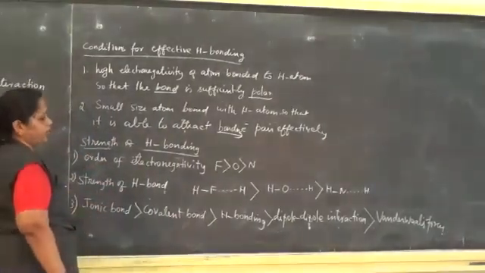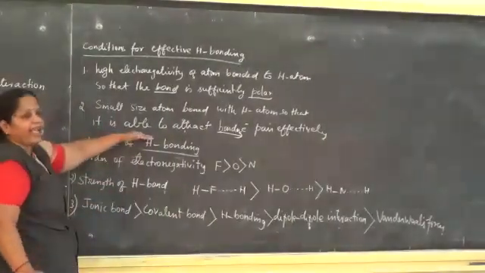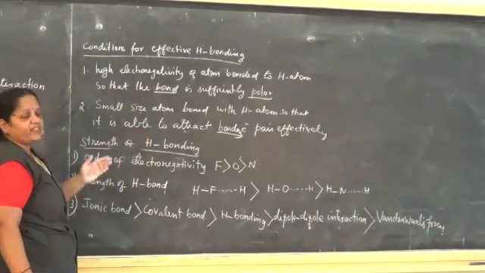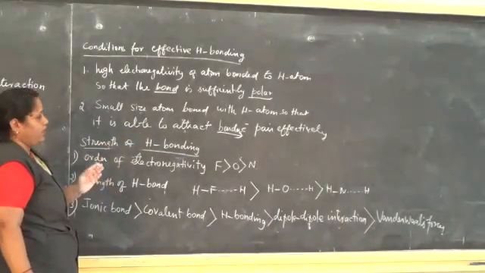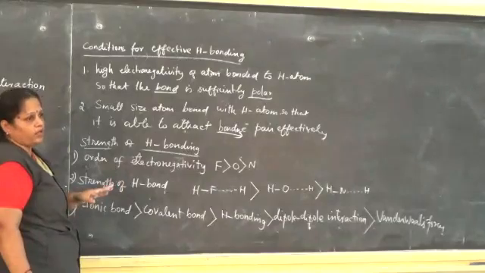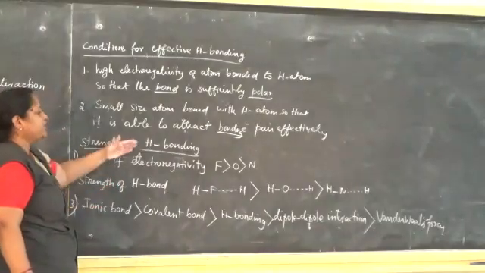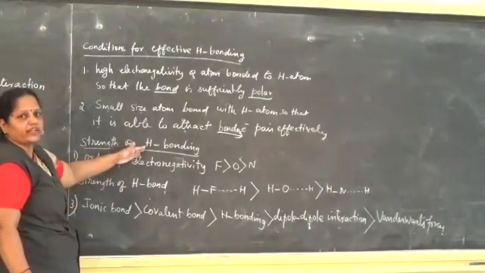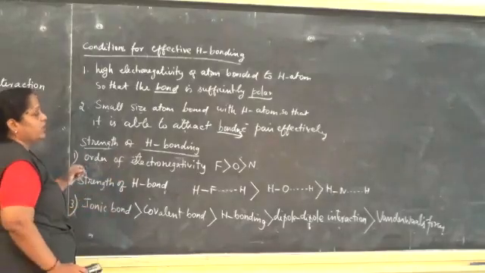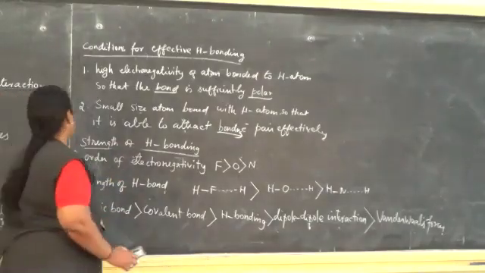Next we discuss types of hydrogen bonding. Hydrogen bonding can occur either within a molecule or between molecules. Based on this, hydrogen bondings are further classified into two types. Now we talk about types of hydrogen bonding.